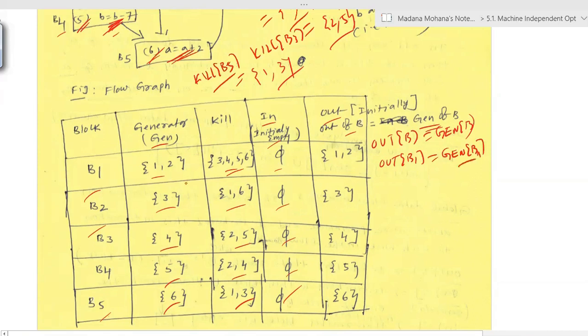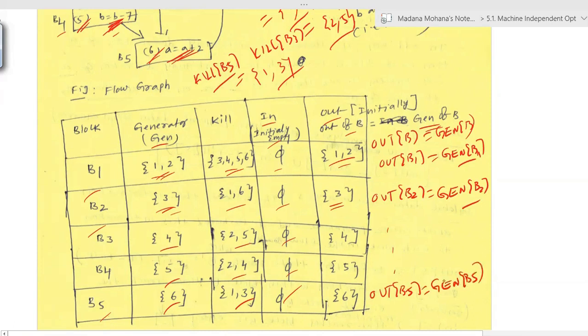Now what is GEN of B1 here? 1, 2. So for OUT of B1 we use 1, 2 only. Similarly, OUT of B2 equal to GEN of B2. Now what are the GEN of B2 values? 3. So 3 is used, and so on.